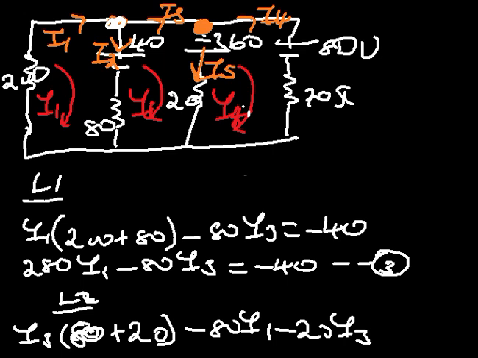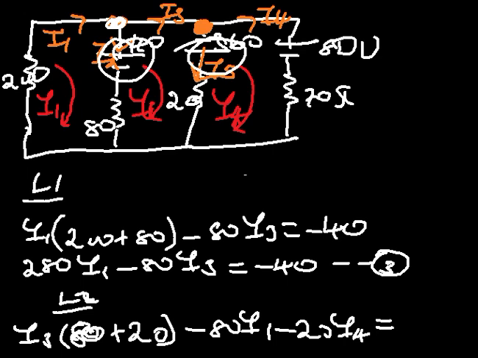Because it should be I4, because 20 is being traversed by I4 from the other loop. This is equal to two voltages.